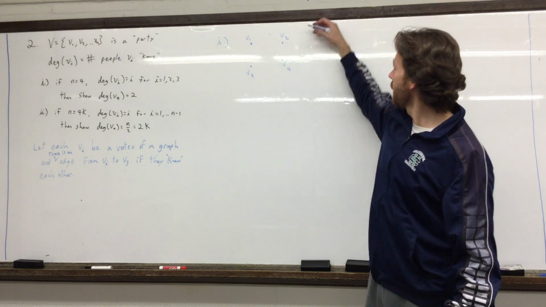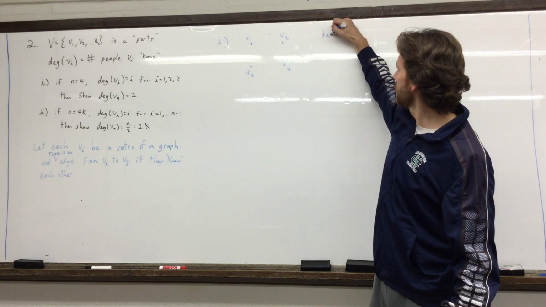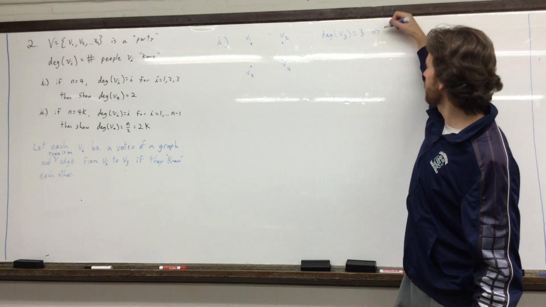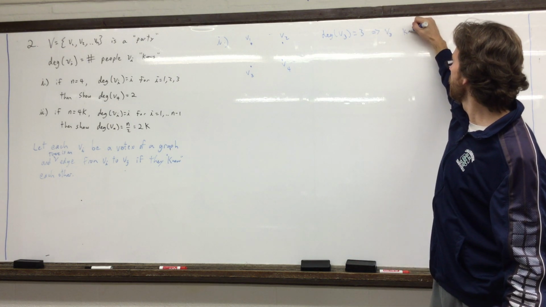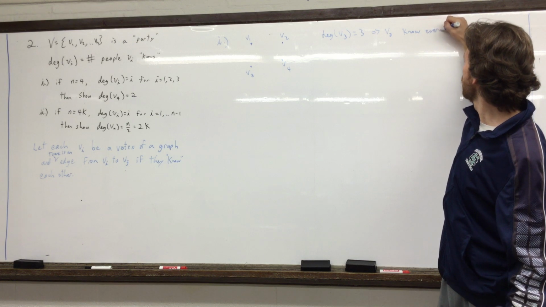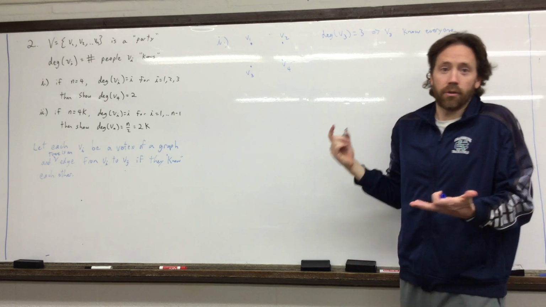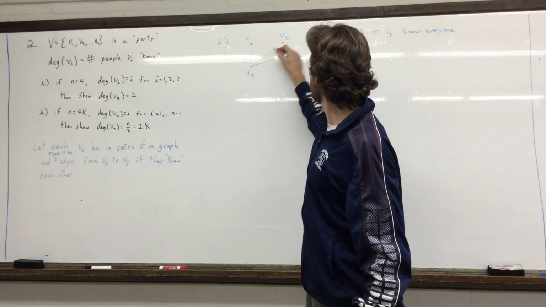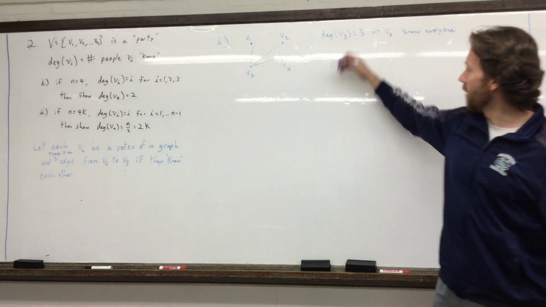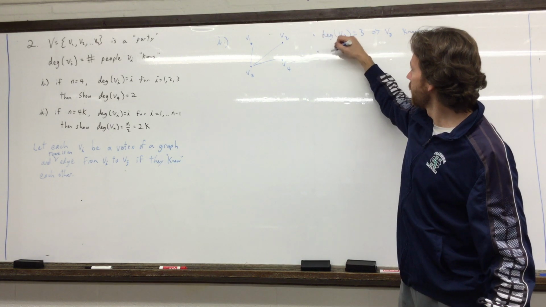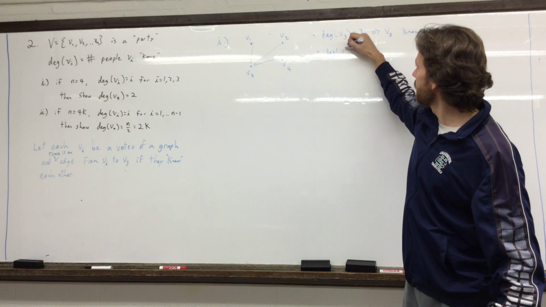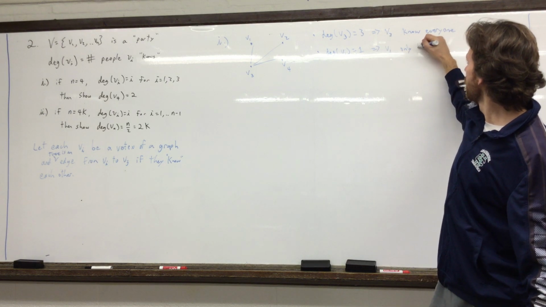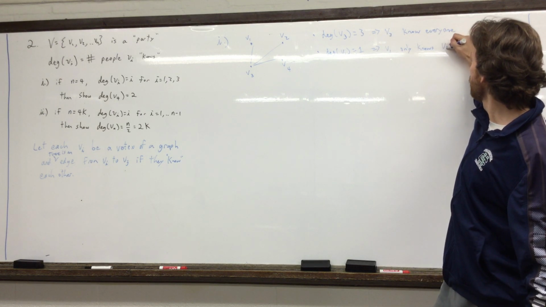And I'll say, because degree of V3 equals 3 implies V3 knows everyone else. There's only 3 other people at the party, so V3 has to know everyone else. And then degree of V1 equals 1, so V1 only knows V3.